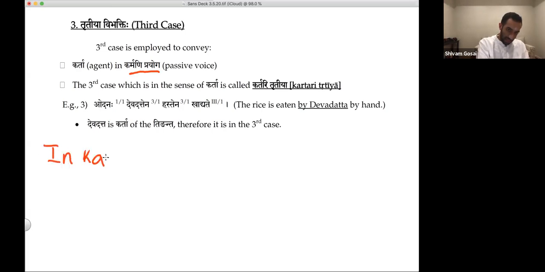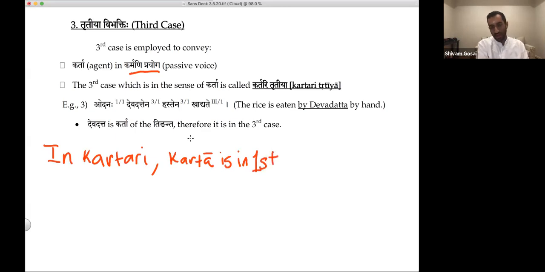In kartari prayoga, the karta is in first case.